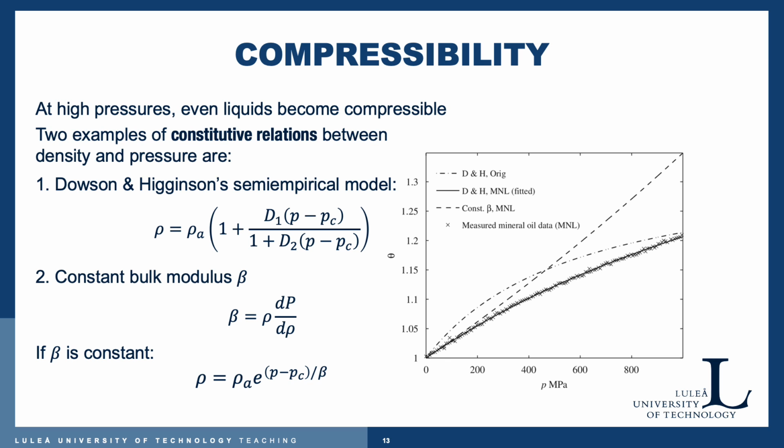And in the figure you can see that we have plotted four different curves. The X marks the measured mineral oil data, and then we have a continuous black line which is following this data more or less exactly, and it's when we have fitted the D1 and D2 parameters to that data in the Dawson and Higginson semi-empirical model.